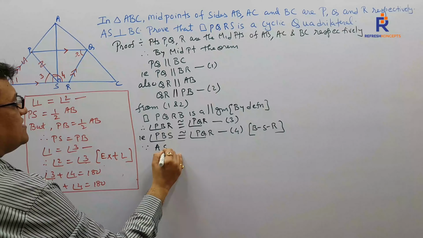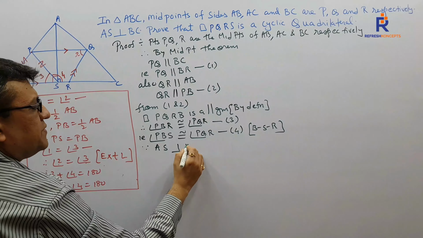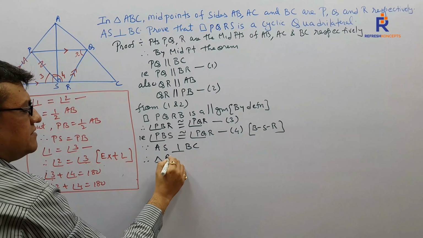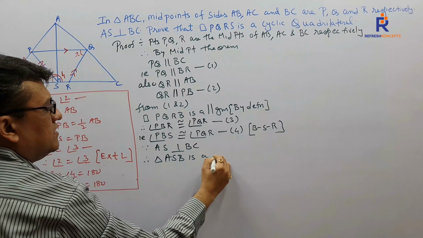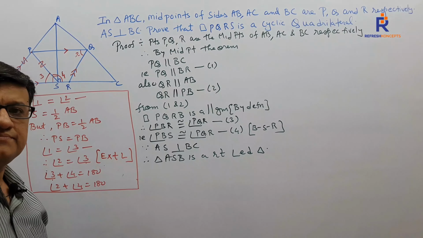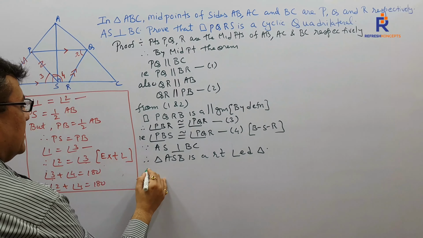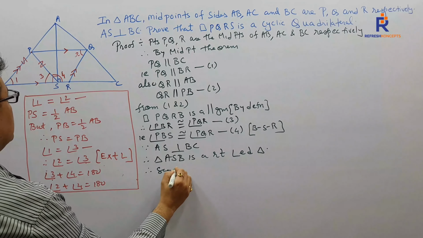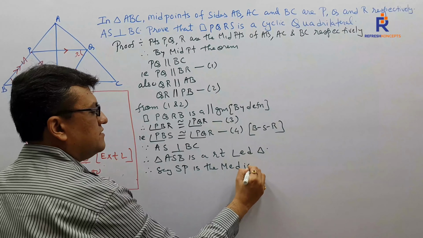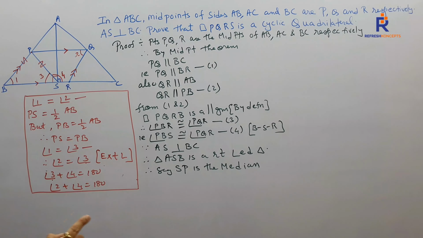Since AS perpendicular to BC, therefore triangle ASB is a right angled triangle. Point P is a midpoint given to us. I can say therefore segment SP is the median. Because point P is given to us as a midpoint, SP is a median.